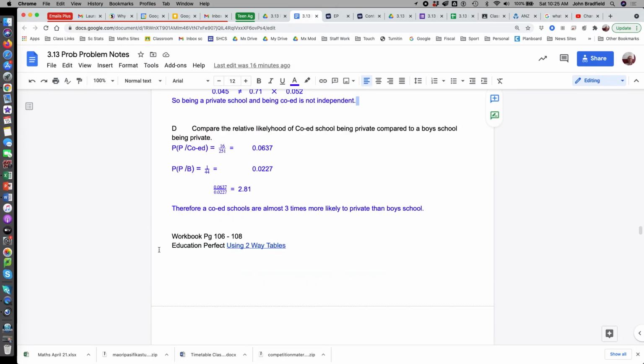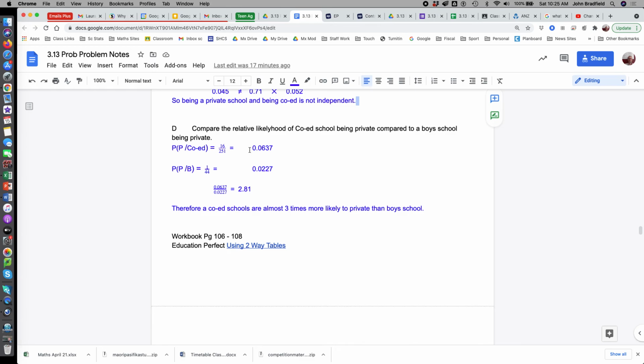Part D, compare the relative likelihood of a co-ed being private compared to a boys' school being private. This is like relative risk from last year. So being private given they're co-ed, 16 out of 251. Private given that's boys, 1 out of 44.